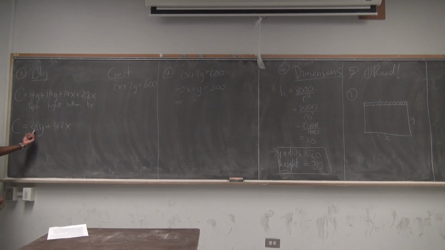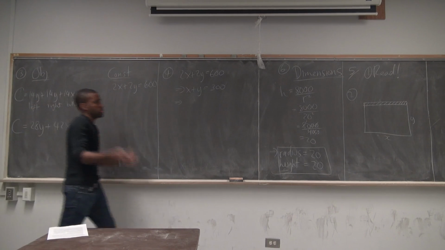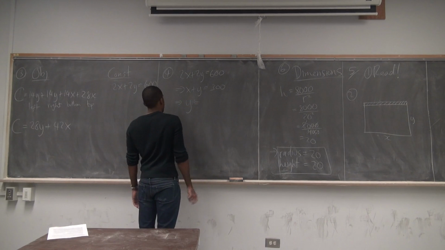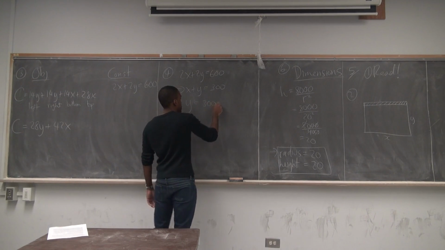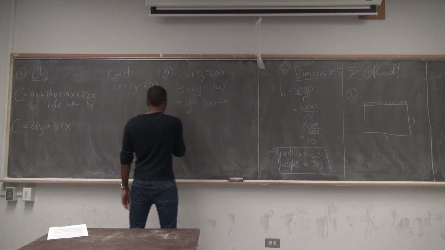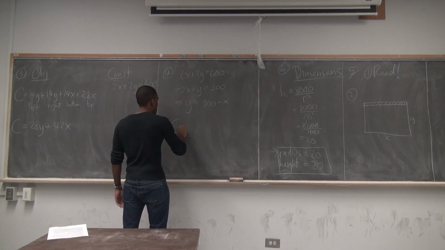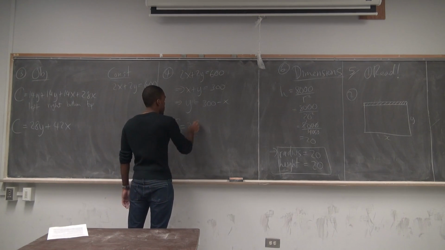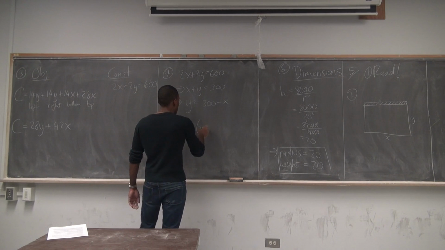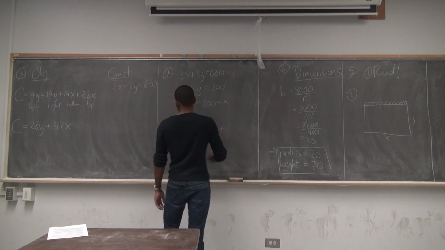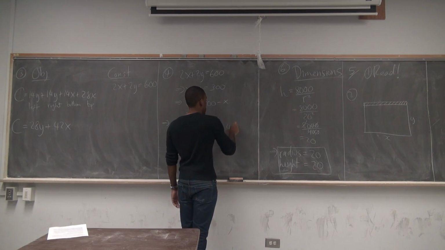But I guess I'd rather multiply by 28 than by 42. Well, it doesn't make much of a difference. I'd solve for y. So now my cost becomes 28 times 300 minus x plus 42x.